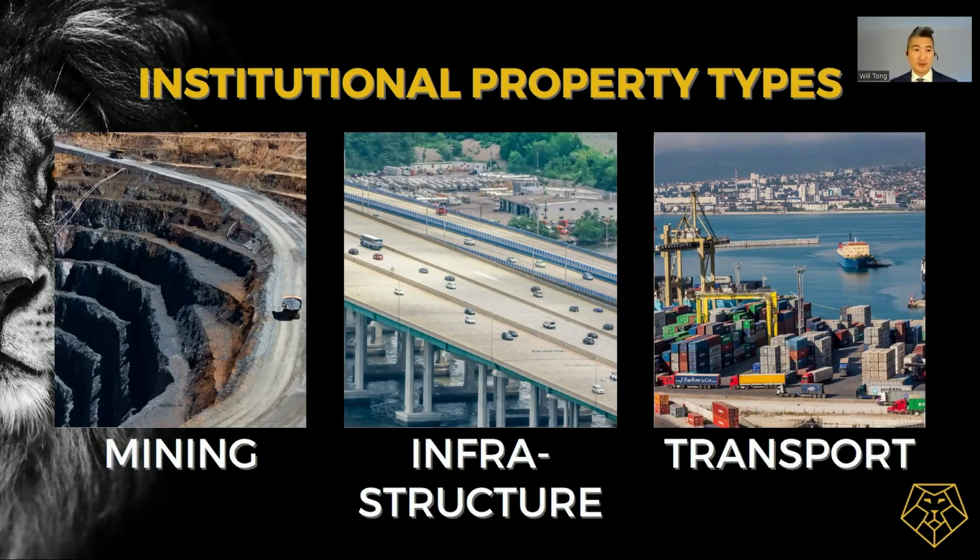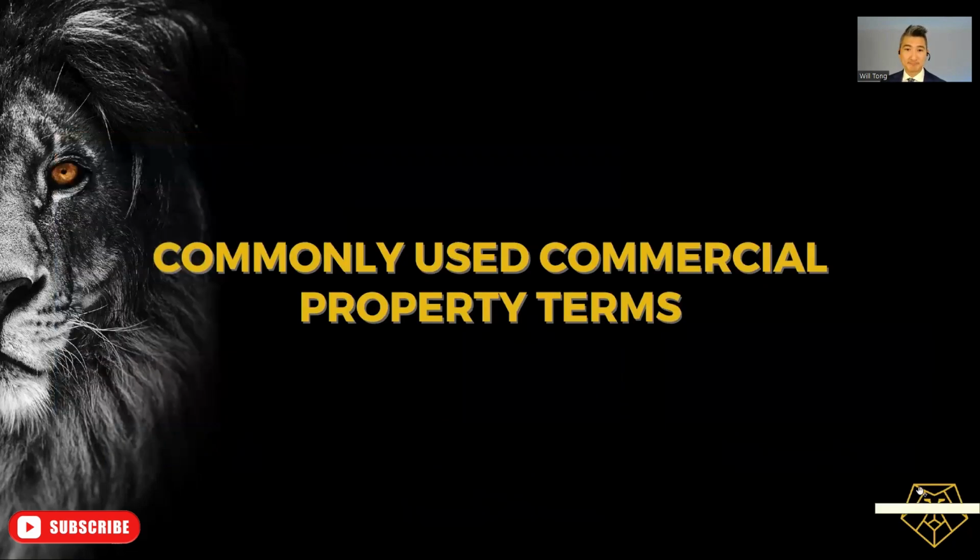And these could include mines, could include infrastructure, could include transport and ports as well. So usually these type of assets are in the billions of dollars, which appeal to institutional investors. So all these property types fall under the commercial property umbrella.